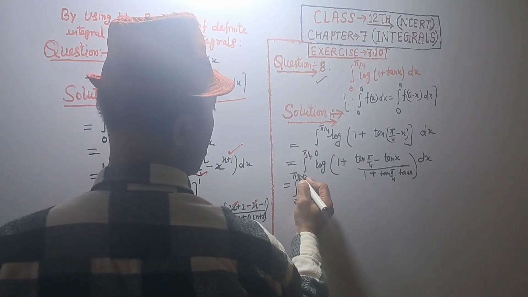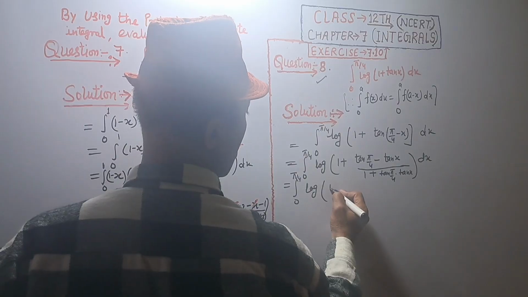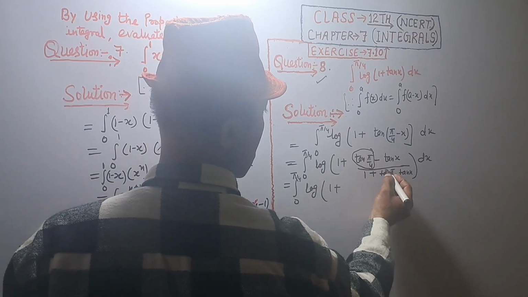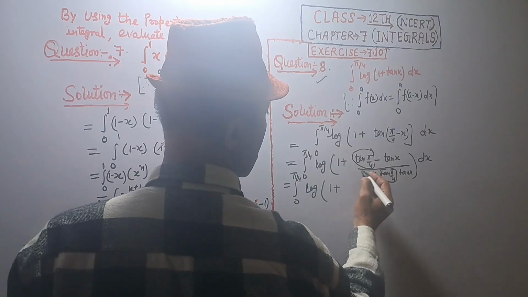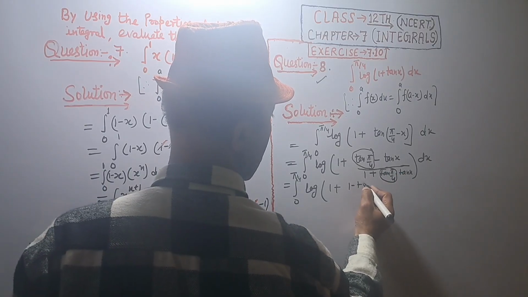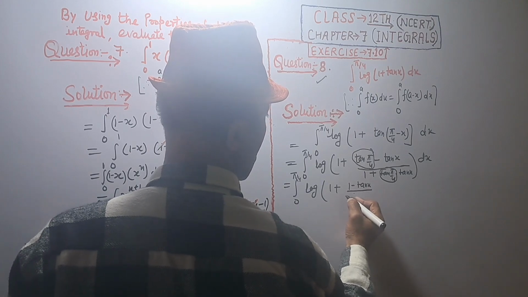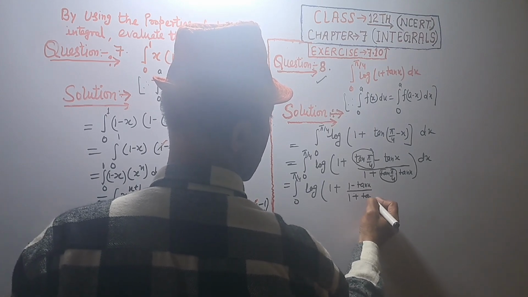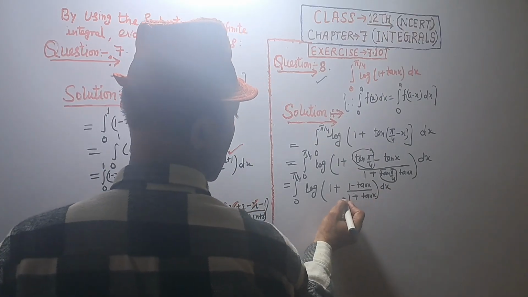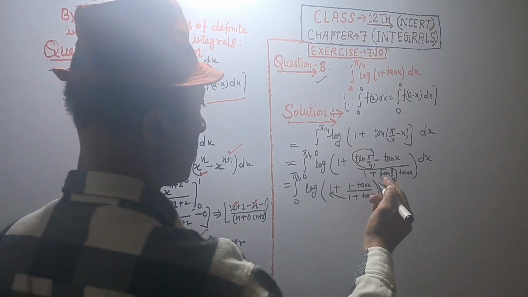Limit is 0 to pi upon 4, log of 1 plus, where tangent pi by 4 is 1. So we get 1 minus tan x upon 1 plus tan x dx.